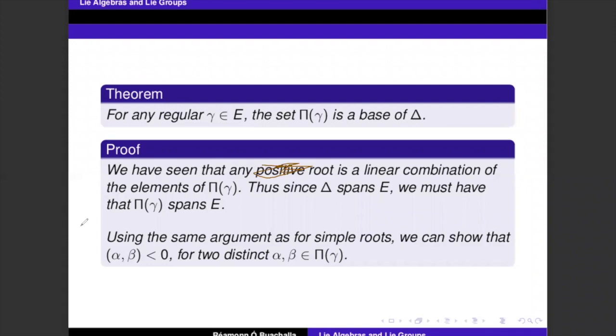Now, using the same arguments as for simple roots defined in terms of a general basis, not the ones defined in terms of pi of gamma, we can also show that alpha beta is less than 0 for two distinct alpha and beta contained inside capital pi of gamma. Exactly the same argument. Go back and look at it and see that any of the assumptions that we used to prove this hold for this pi of gamma, just as they did for pi.